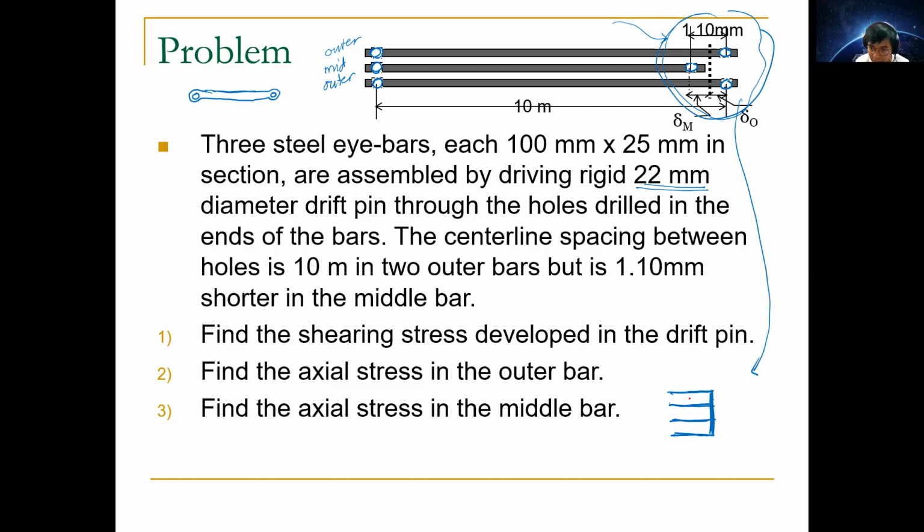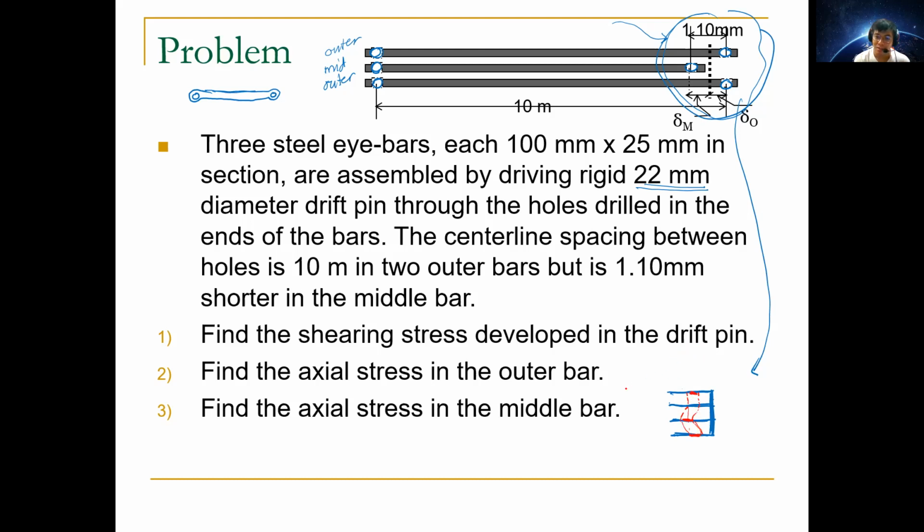So let's say this is the pin. Let's super exaggerate the 1.1 mm, then return it to the original. The hole is straight, right? So the outer ones here are aligned, but in the middle it is not aligned because it is away by 1.1 millimeters.